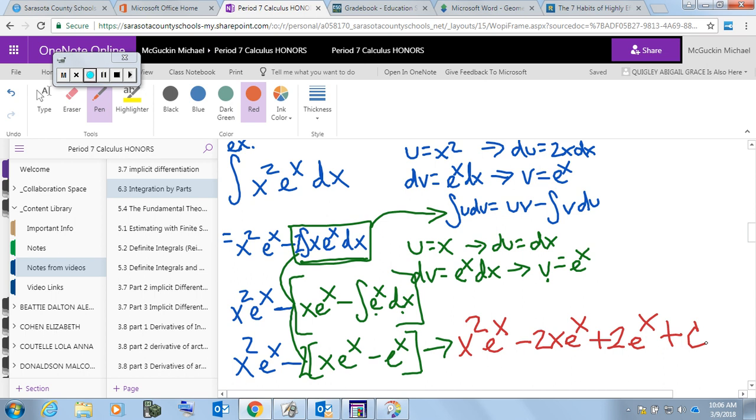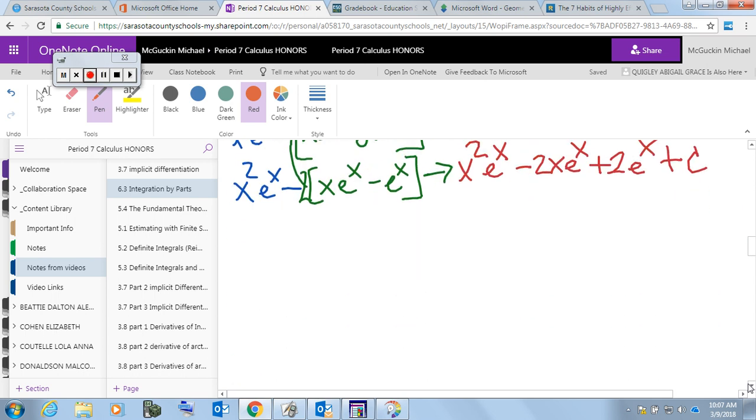Alright, so I want you to go ahead and give one other one a shot on your own, which may end up having to do a second integration by parts. So let's take a look here. Your example is going to be, please integrate x squared times e to the negative x dx.